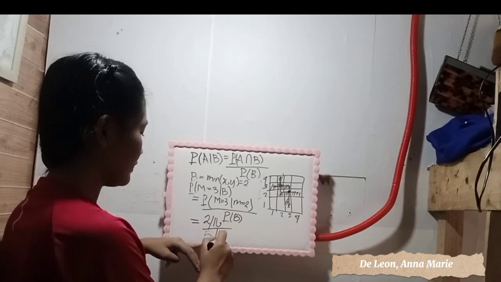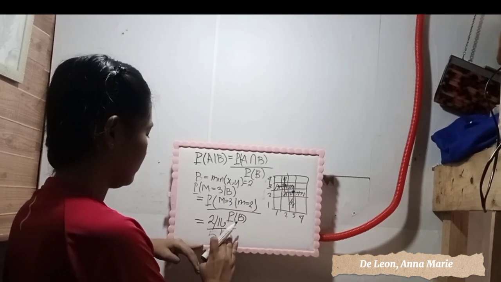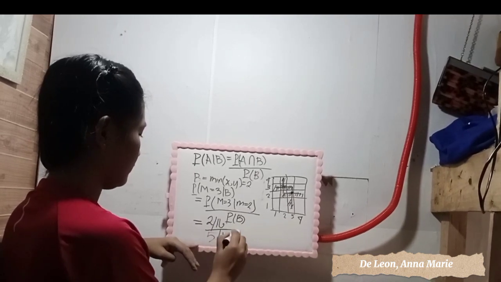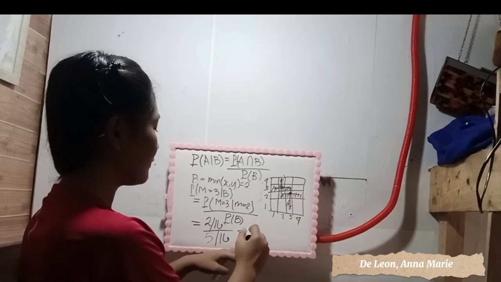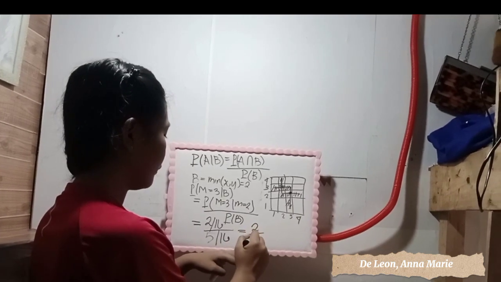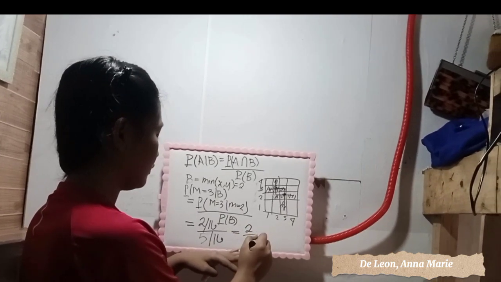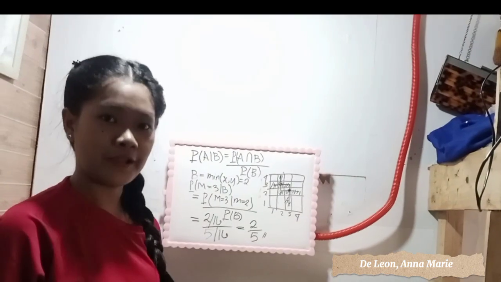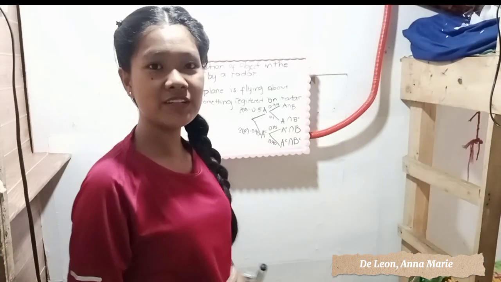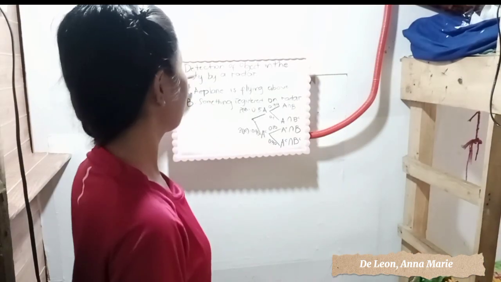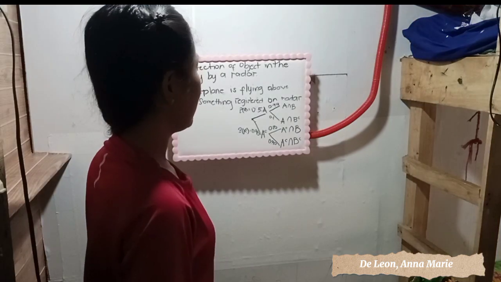So 5 over 16. So to simplify it, we get 2 over 5.